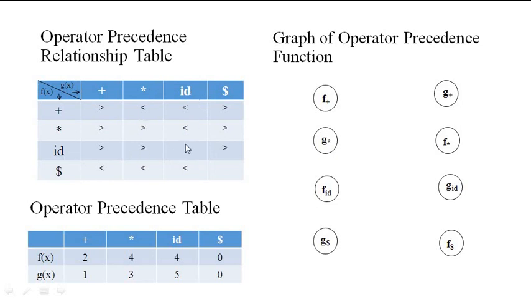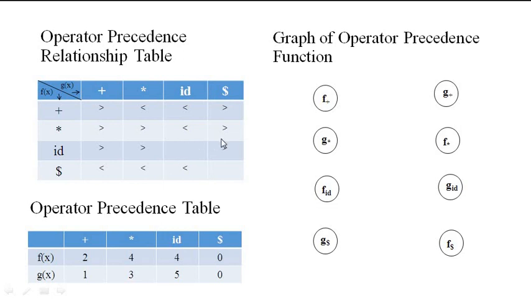ID ID has no relationship. ID dollar, ID priority is higher. Dollar plus, the priority of plus is higher. Dollar star, star higher. Dollar ID, ID higher. Dollar dollar has no priority. This is your operator precedence relationship table.